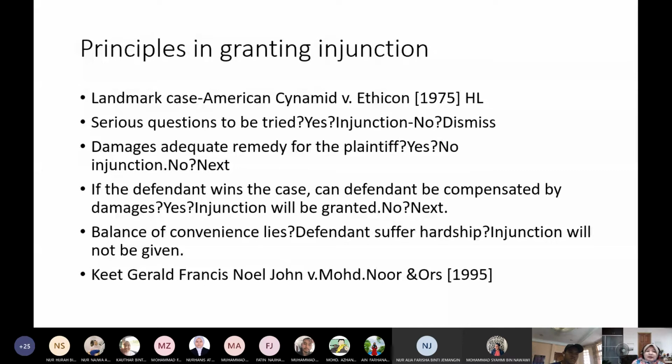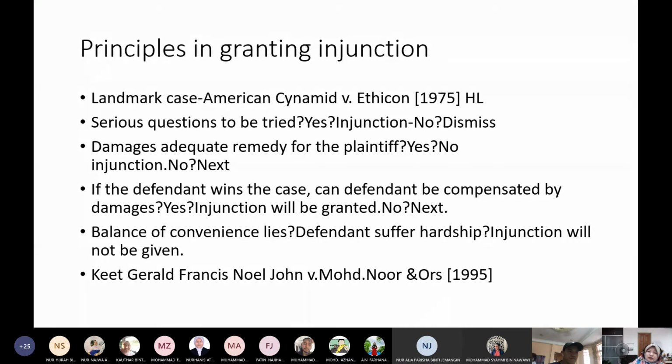And then the third thing that I want to see in your course paper is that if the defendant wins the case, can the defendant be compensated by damages? You are saying yes, we can compensate the loss of the defendant, or if the defendant wins later, they can be compensated by damages. The plaintiff must show that, and then your injunction will be granted.